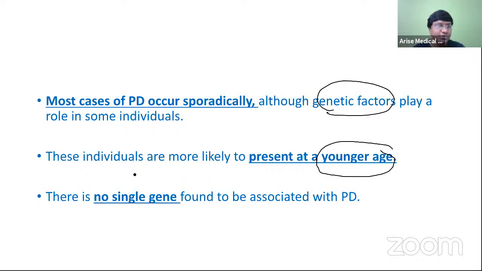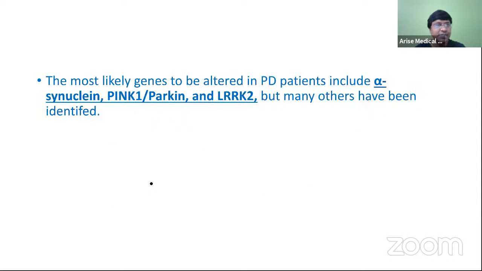Some students selected monogenetic disorder. Let me tell you, Parkinsonism is not a single gene disorder. There is no single gene found to be associated with Parkinson's disease. It is polygenetic. The most likely genes to be altered include, number one, the alpha-synuclein gene, number two, the Parkin gene, number three, the LRRK2 gene.